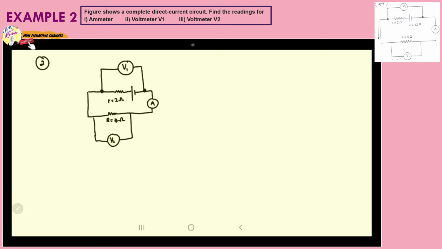Okay guys, for your information, V1 here, or voltmeter 1, will measure the terminal voltage. So let's write: here we measure the terminal voltage of the circuit.